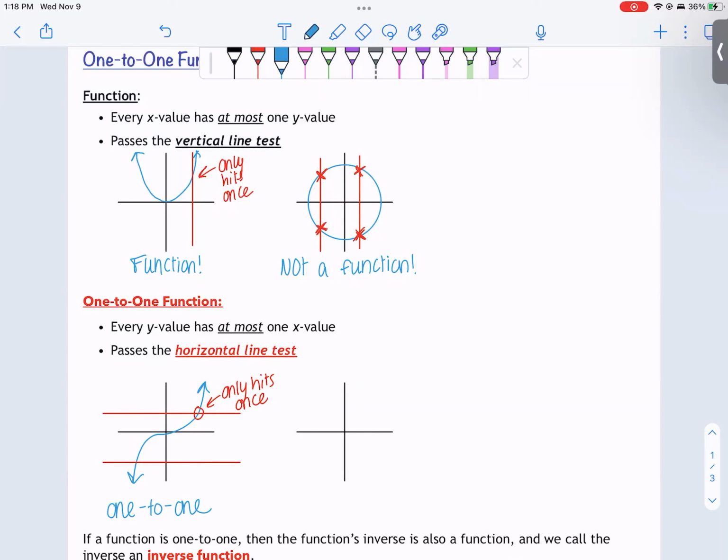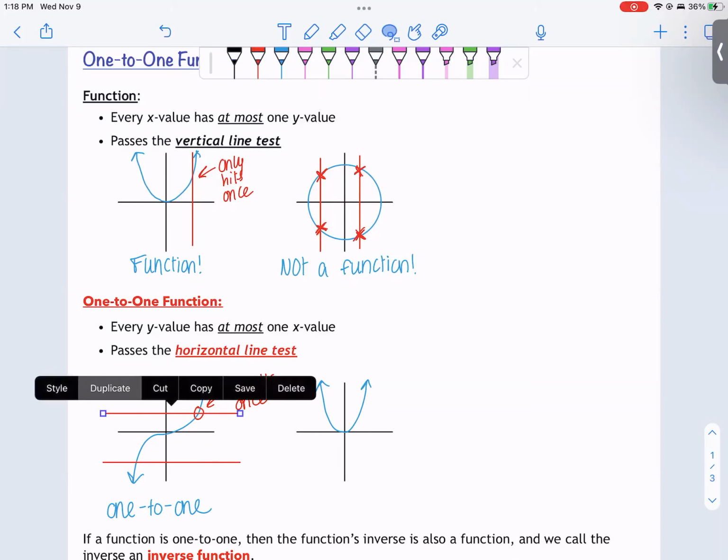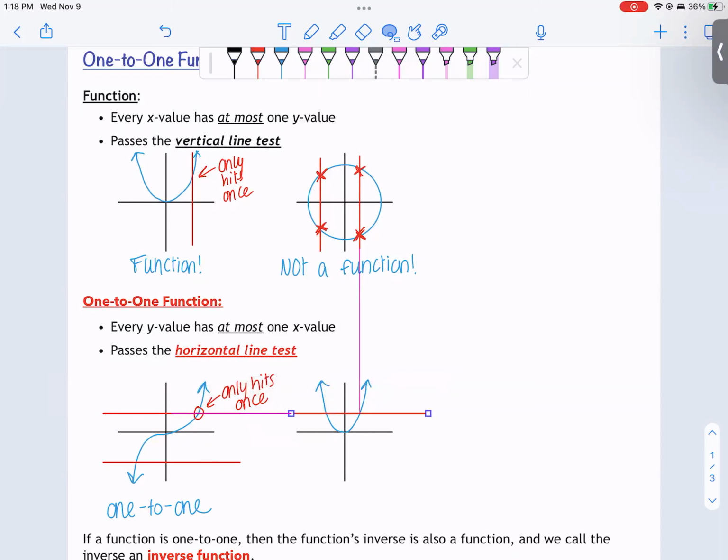On the other hand, our friend the parabola, this one is not one-to-one. So if I draw a horizontal line here, you're going to see it hits in two different places. This is not one-to-one.